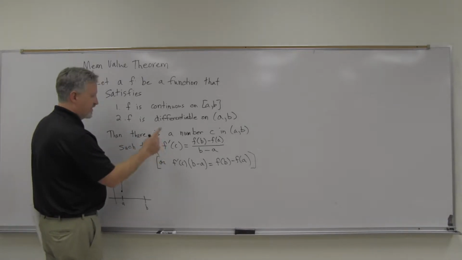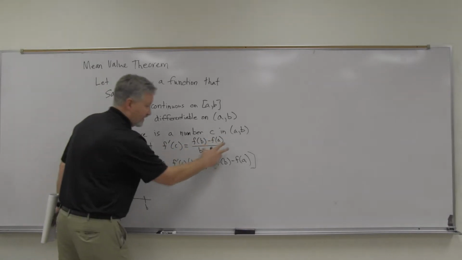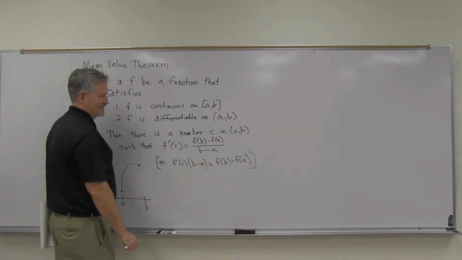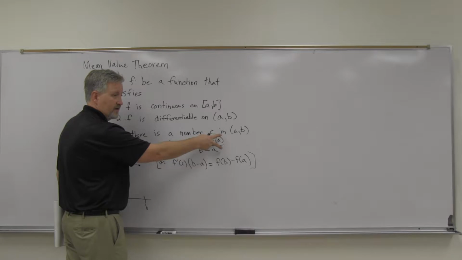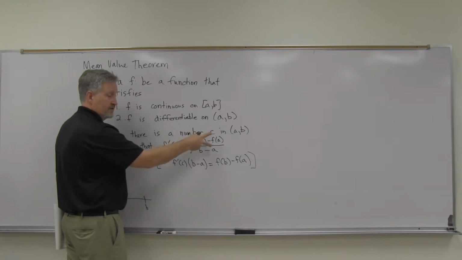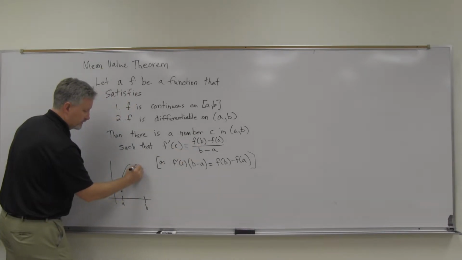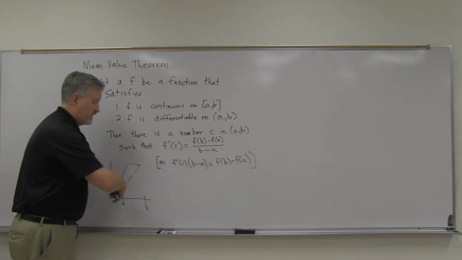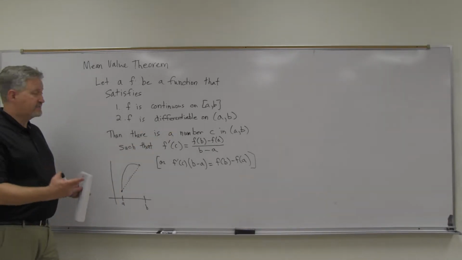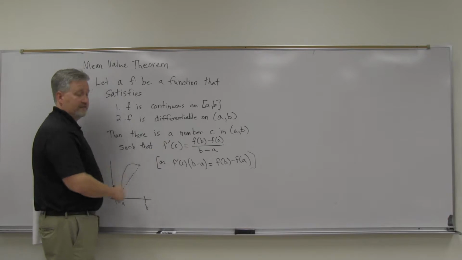The conclusion is that there's a c value where the derivative at c equals this. Do you recognize this? Isn't that the slope formula? This is the slope of the line between the points at b and a. So the theorem says there's a c value where the derivative at c equals that slope.